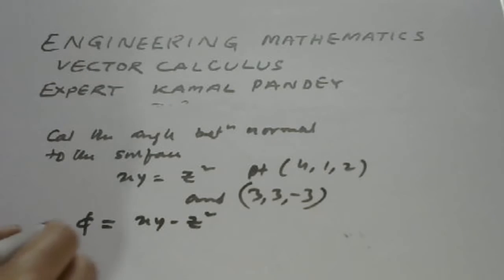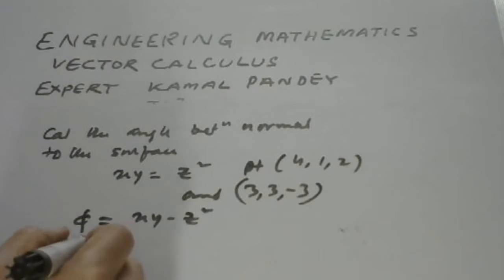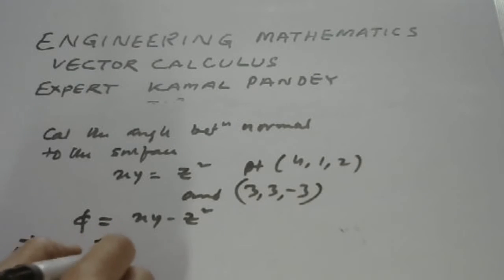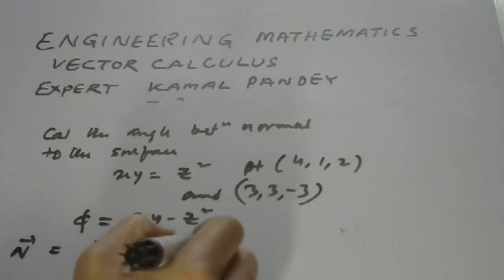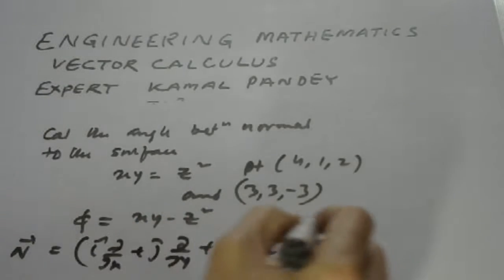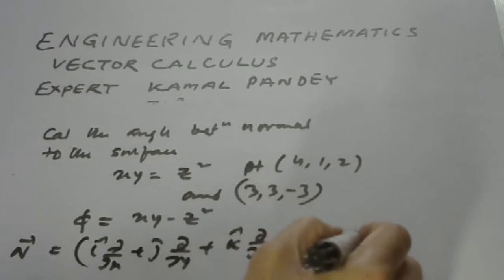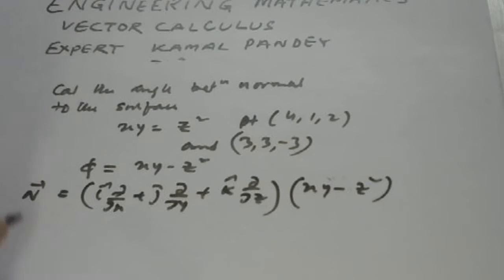Now we calculate the n vector by taking the gradient: i cap del upon del x plus j cap del upon del y plus k cap del upon del z into phi, where phi is xy minus z square. Now we write the n vector.